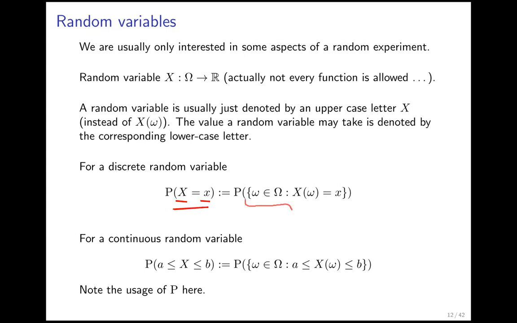So this is an event because it's a set of outcomes. An outcome is denoted by small omega. And it's all the outcomes which are mapped to the value small x by the random variable capital X. So what this actually is, it's X to the minus 1, the inverse function, of small x.